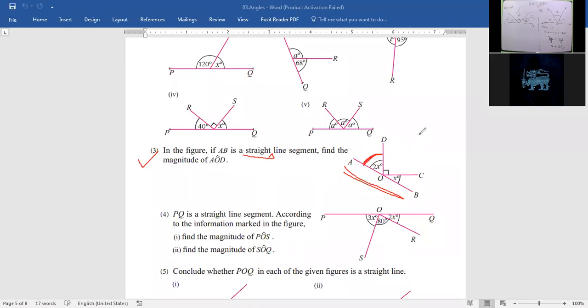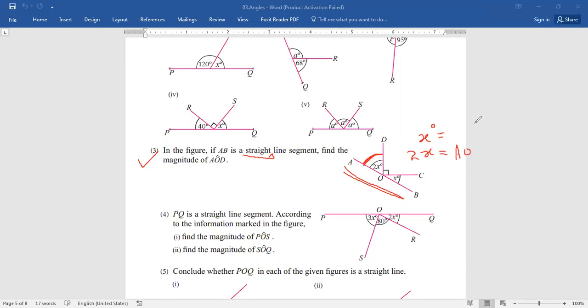First of all, you need to find the value of x. Then you can find what is 2 times x, that means 2x. 2x means the AOD angle, because they are asking the value of the AOD angle.